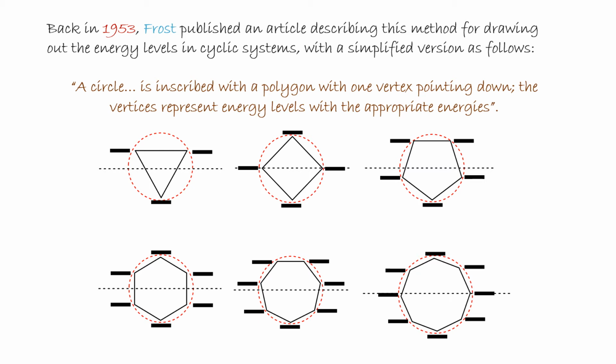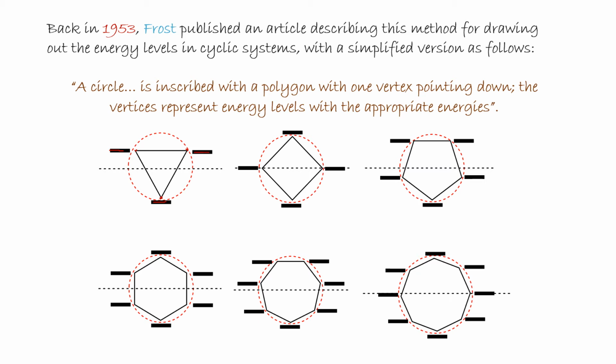He said, we draw a circle, and inside the circle put the polygon or the structure of the cyclic system, with the vertex pointing down. So for the triangle, we have the vertex down, so we have 2 up here. So we have 1, 2, 3.